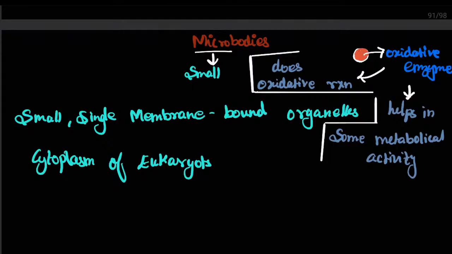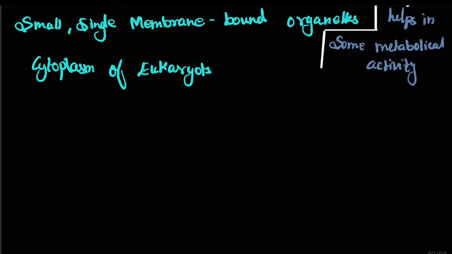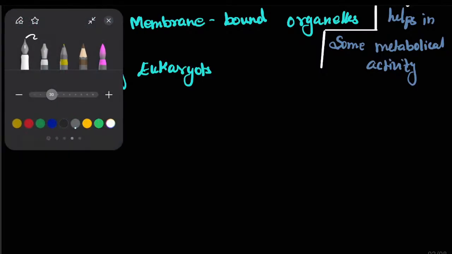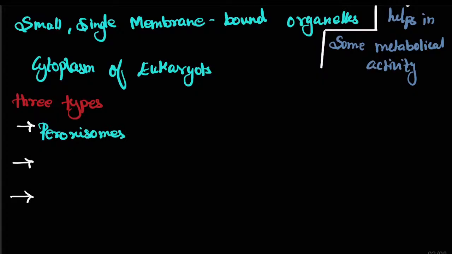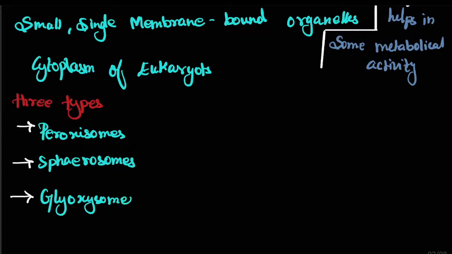All of these things are over here. இது வந்துட்டு பாத்தீங்கன்னா these are actually of three different types: peroxisomes, spherosomes, then we also have glyoxysomes.